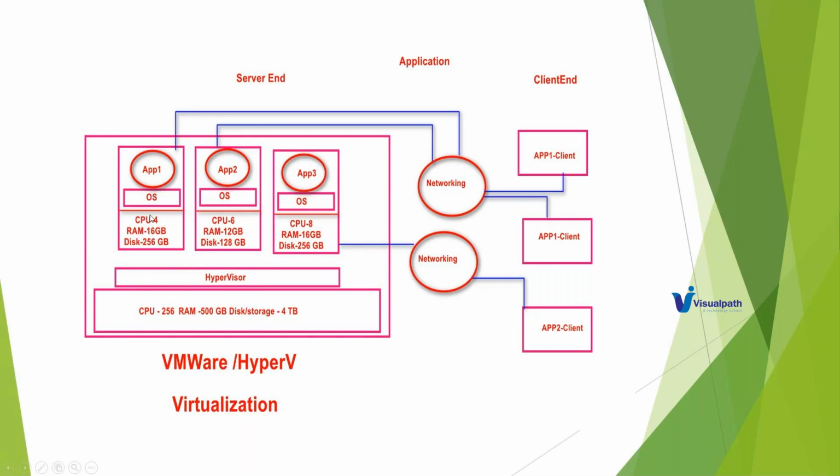When I install this virtual machine, or install this server, I get 4 CPU from here, I get 16 GB of RAM from here, and I get 256 GB of disk here. Whatever is left, I can create another server. Whatever is left, I can create another server. So this is how the evolution, or the change, has happened. Instead of a single physical server, we bought one physical server, and inside that one physical server, we start creating multiple servers, which are virtual. We are calling it virtual.